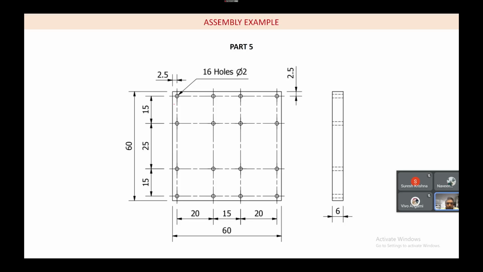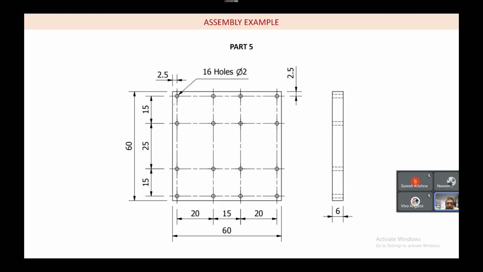This 2.5. Again I click the hole center, this edge, this also 2.5. So this 2 mm, so 2 to this surface. I do the hole and I click OK.